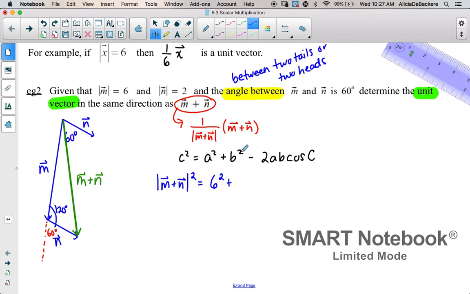The vector b is the same as the magnitude of vector n, so that's going to be 2 squared. And we said the angle in between them was 120 degrees. All right, we're going to type that all into our calculator, and I'm going to get 52.